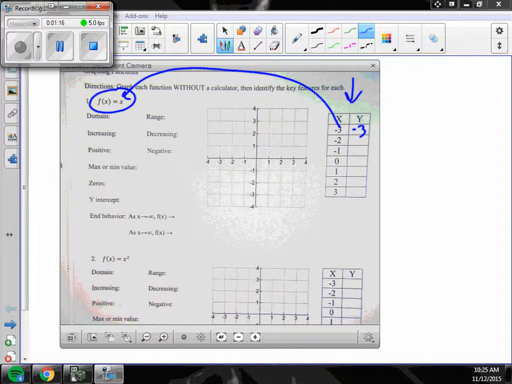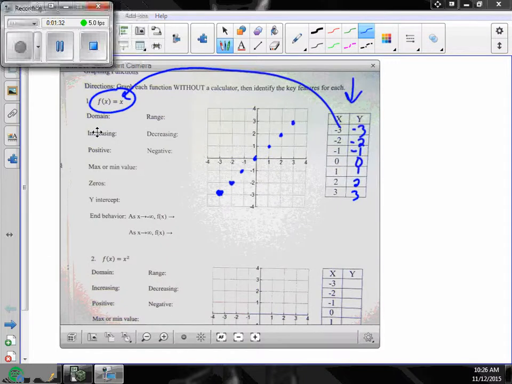So we graph the point (-3, -3). What happens when I plug in -2? -2, oh, I'm seeing a pattern. -1, 0, 1, 2, and 3. So I connect the dots. It's just a line at a 45-degree angle.